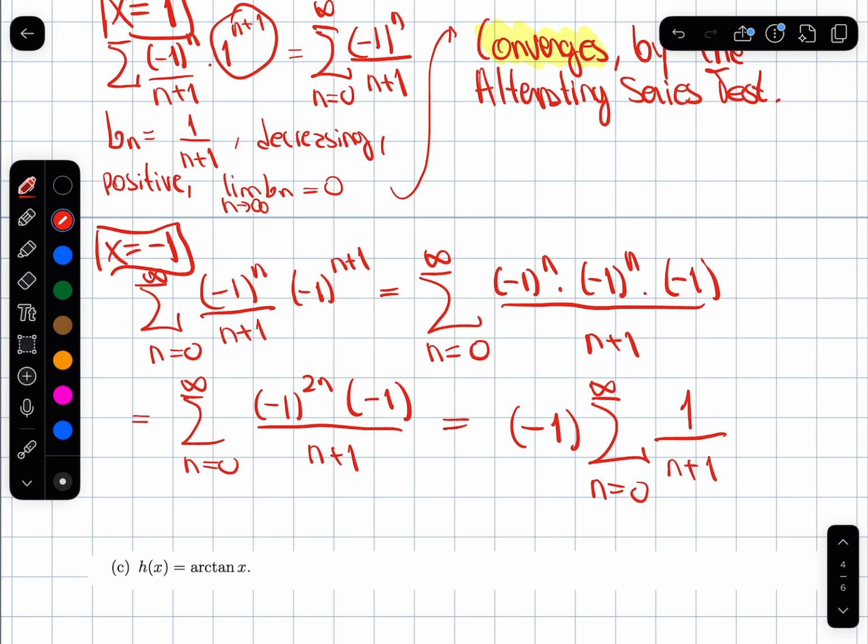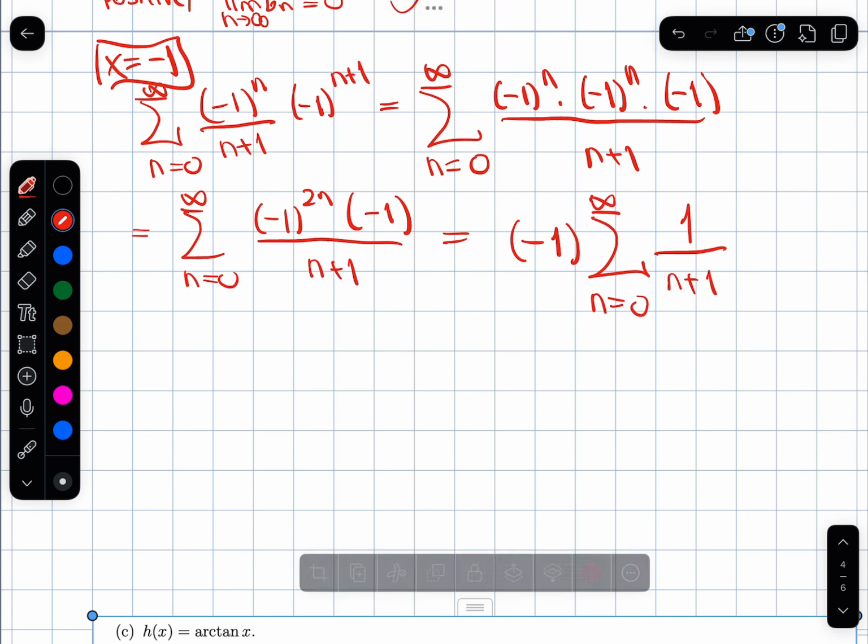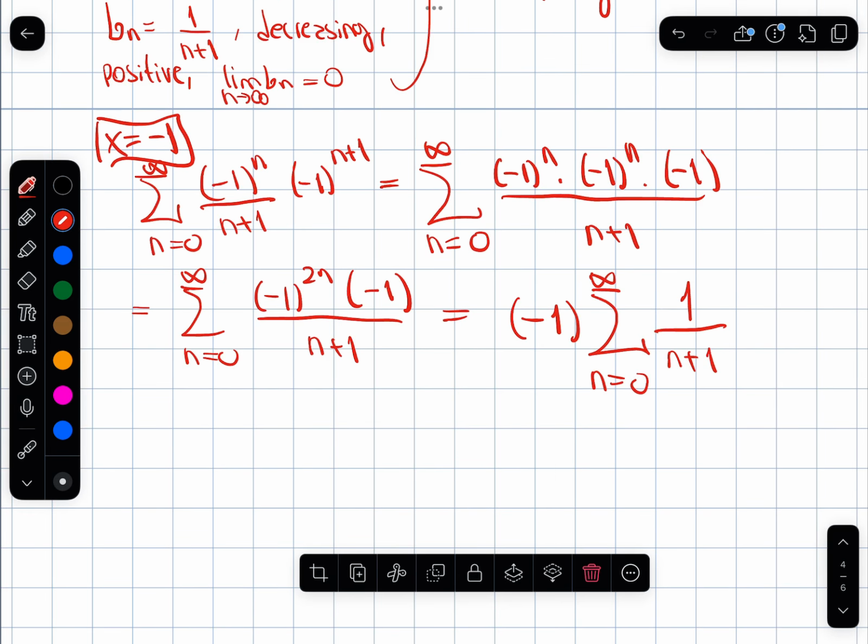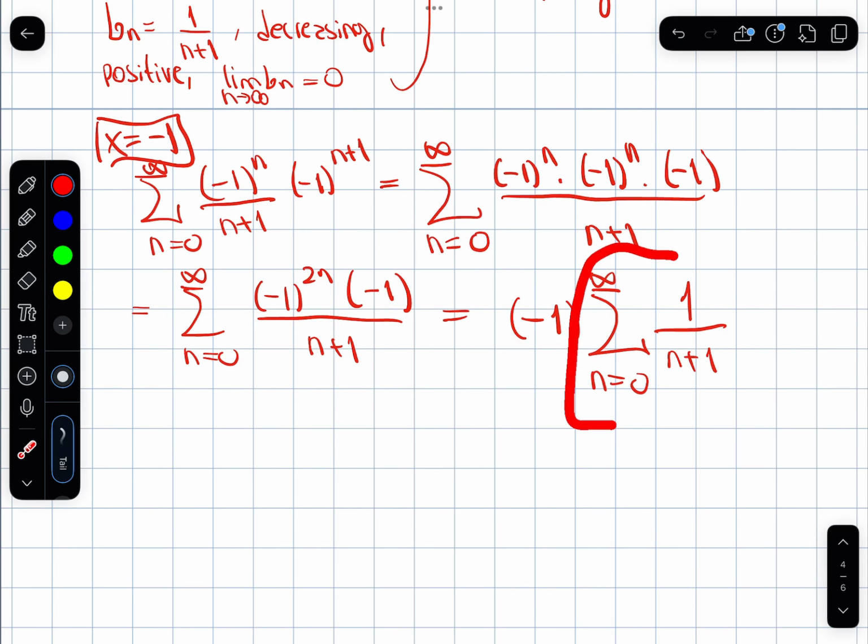I know the limit is going to be one thing, so the right-hand side here will not converge. If you look at it for a second, you can do a comparison test or a limit comparison test with the harmonic series, right? If you want to look at it like so, look.